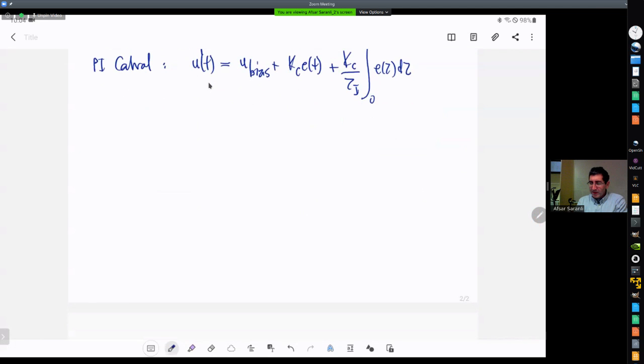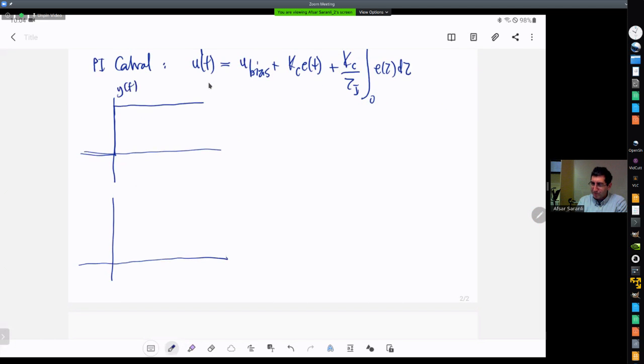Okay, so here is your reference. As soon as your reference changes sign, and let's say this is your output, this is your U of t, the actuator. As your reference changes sign, it becomes a certain value, y desired. The input starts going up, so the output will start going up.